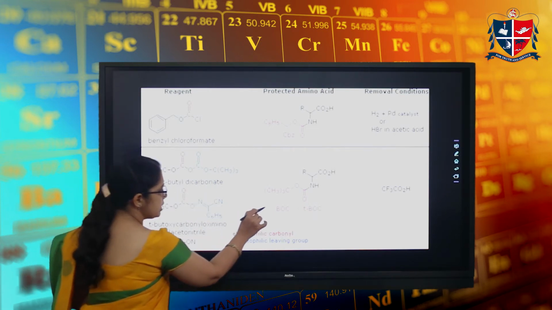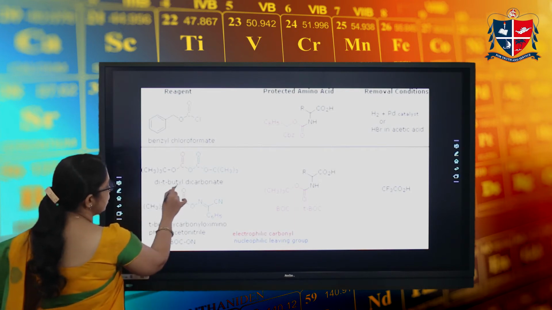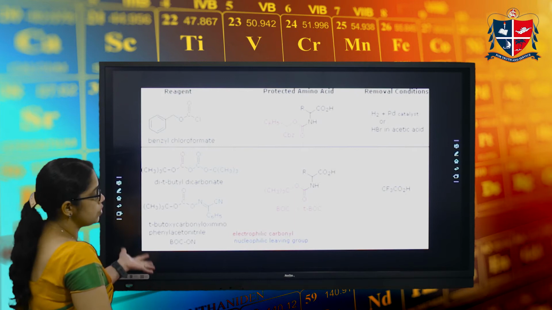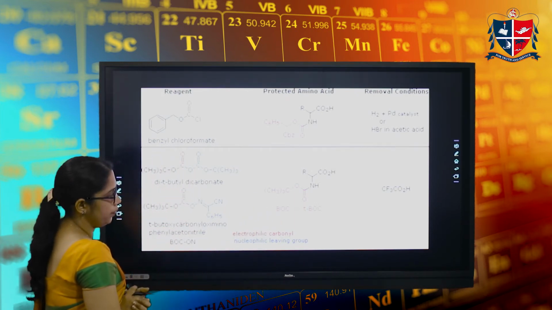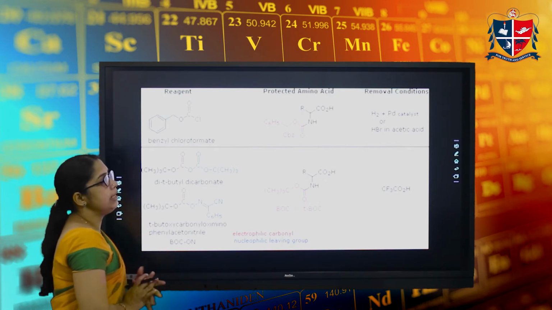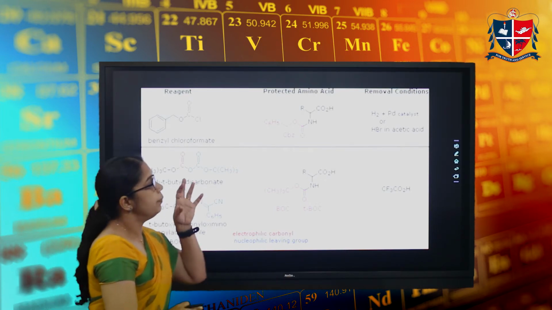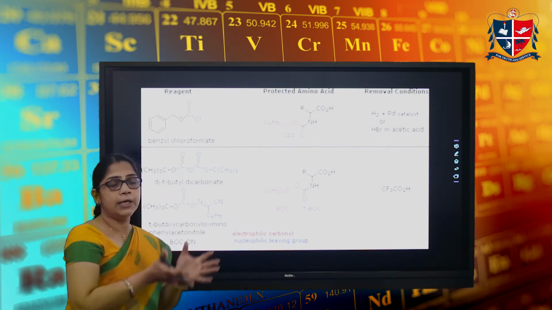For introducing this protecting group, the reagent generally used is ditertiary butyl dicarbonate. And the other important thing is that we must take care about the deprotecting reagent.